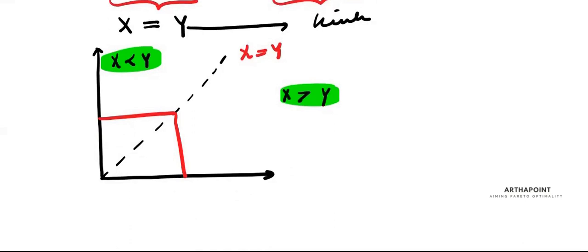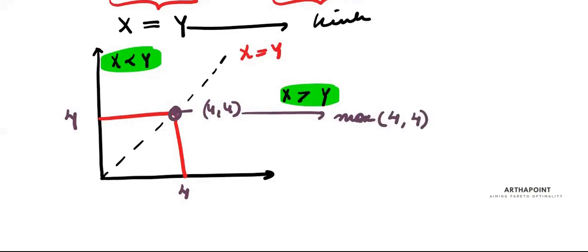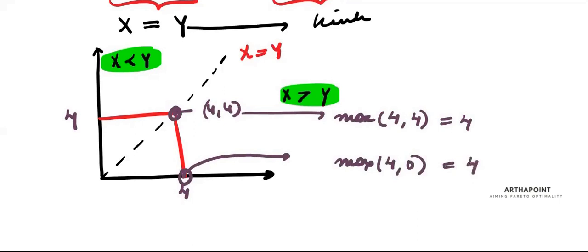And this makes sense. Take this example. For example, I have 4 here. This is a point which is 4, 4. So the max of 4, 4 will simply be 4. But suppose I take a point here. This is x is 4, y is 0, but the max is still 4. So it gives me the same utility that I'm getting at the point of kink. Take a point here. Suppose this is x is 4, y is 1.